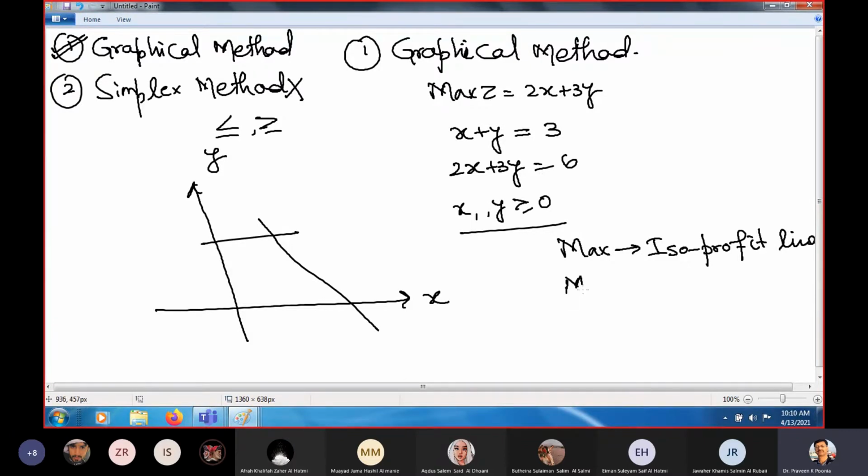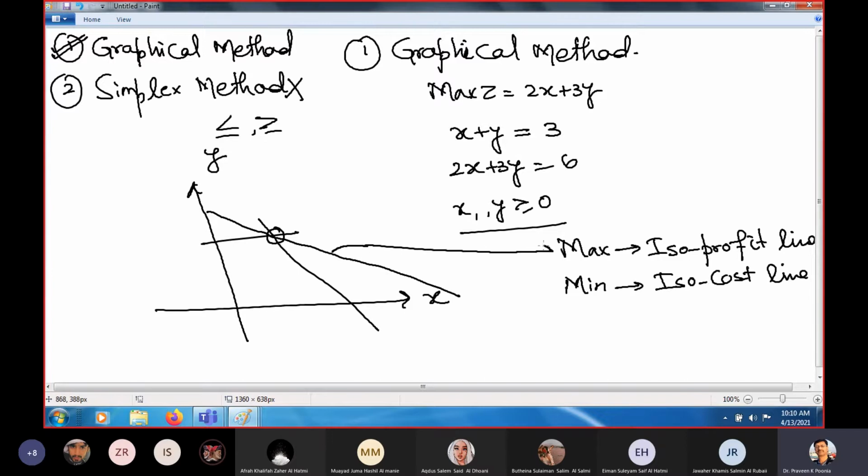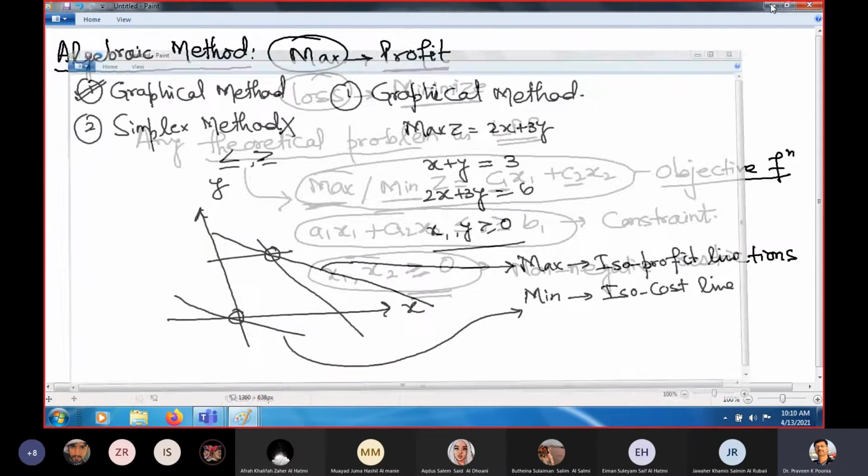And if the question is for minimum, we call it the iso cost line. Iso profit line, iso cost line. Clear? So if this is the maximum point, then this line is the iso profit line, and if this point is minimum, then this line is called the iso cost line. This is how we do it in the graphical method.